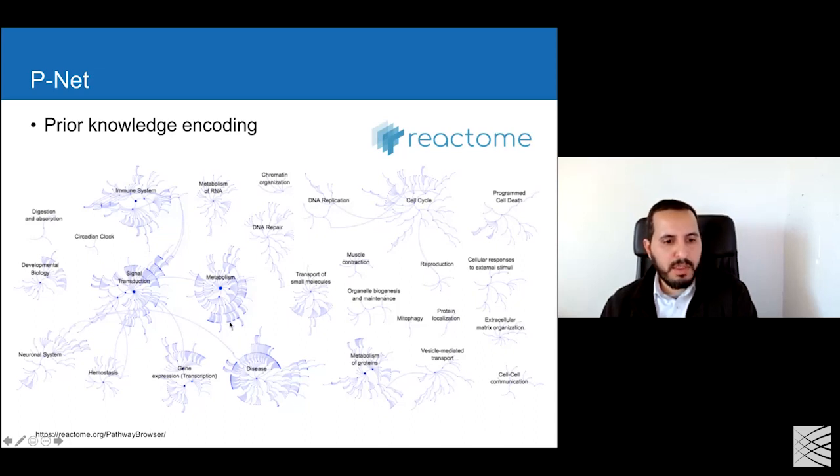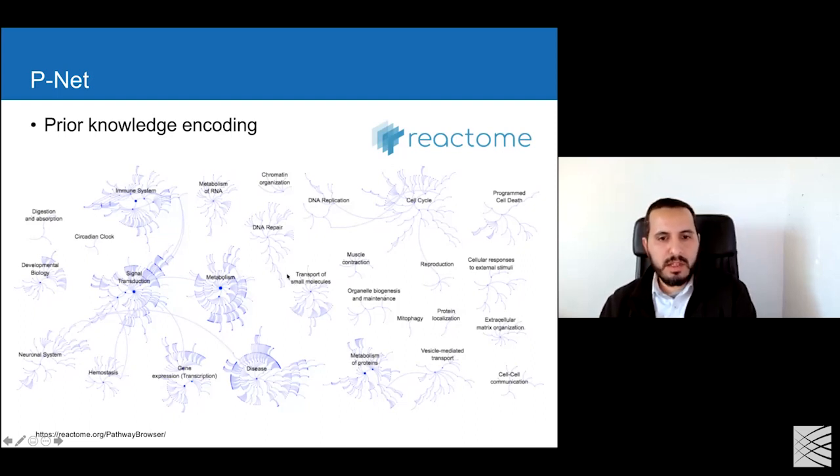If you go up in the hierarchy, you have higher-level pathways and so on and so forth, until you come up to the biological processes that these pathways are part of. And you have a lot of these biological pathways as well. In total, you have more than 3,000 pathways involved in this modeling.